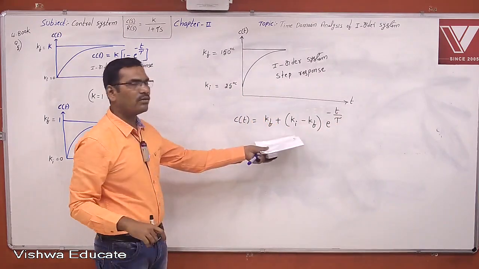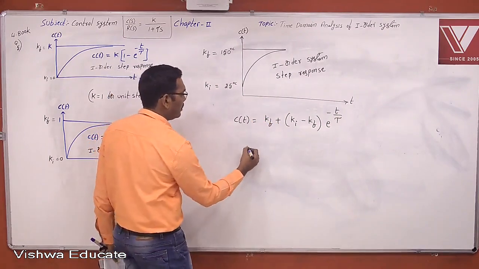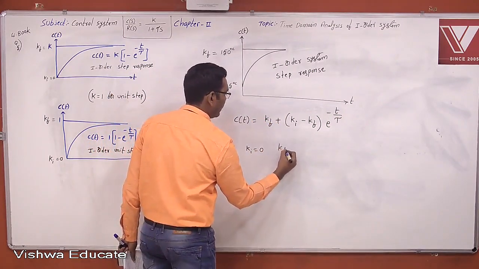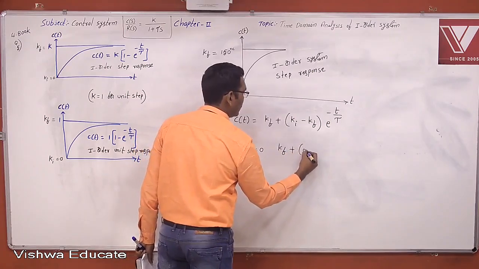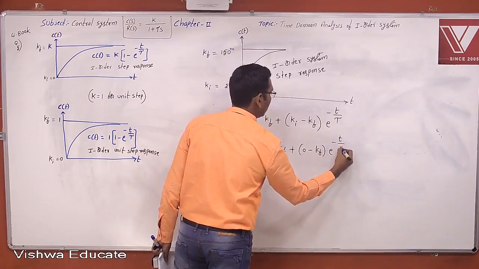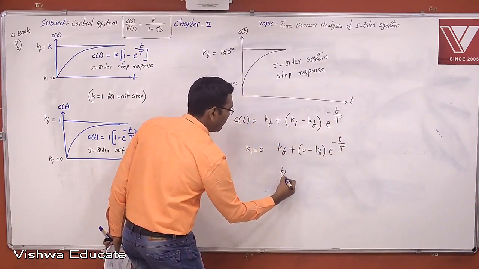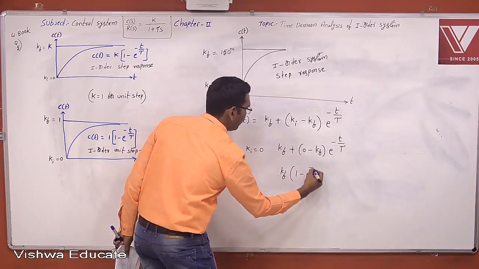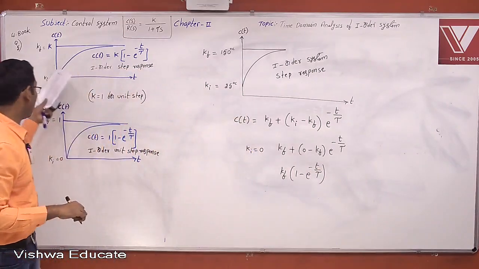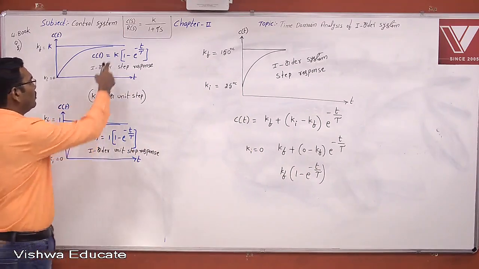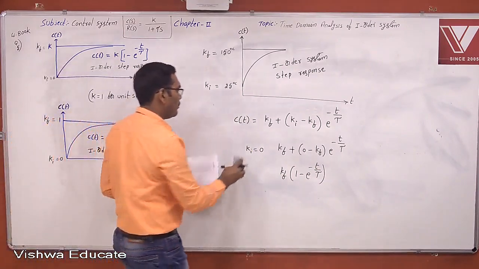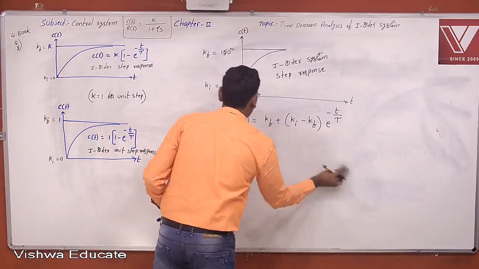If Ki equal to 0, therefore Kf plus 0 minus Kf into e power minus t by tau. Taking Kf common, Kf into 1 minus e power minus t by tau. The same answer you are getting here, with Kf equal to K or Kf equal to 1. Therefore, this is the first order step response.